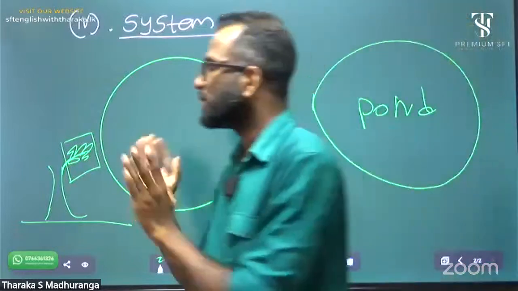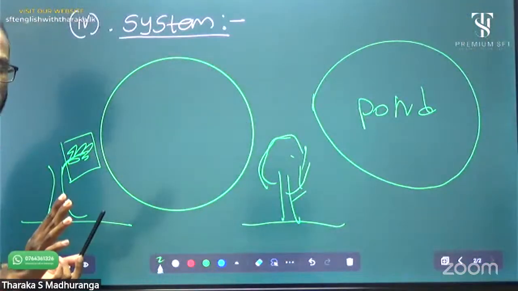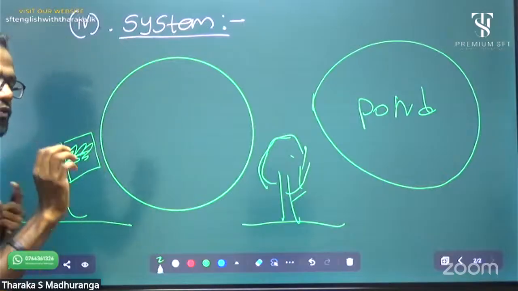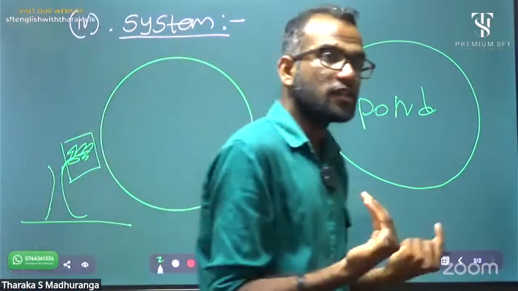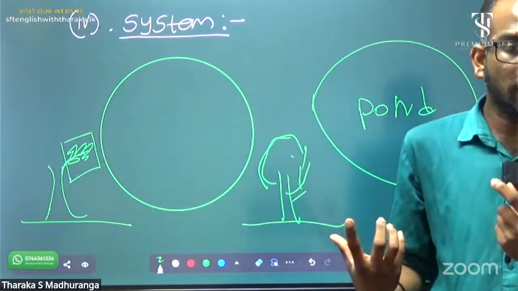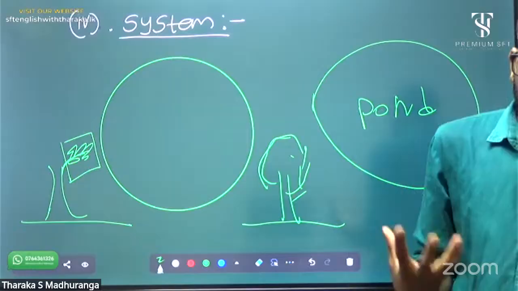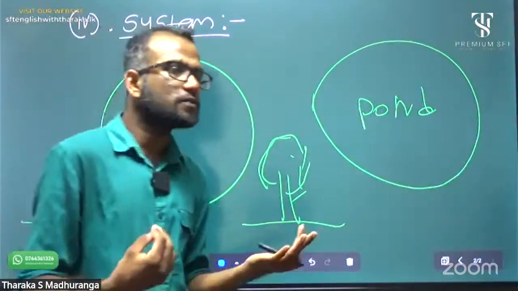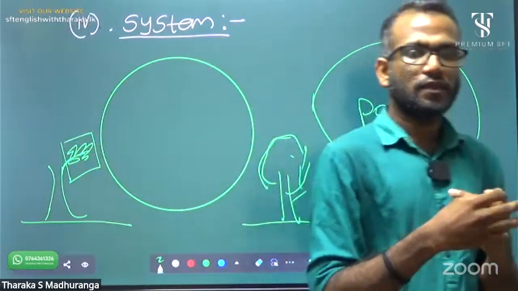I'll explain that later. Up to now, you want to understand the meaning of system. What we are going to do will become clear a bit later. We're discussing basic terms to understand these lessons.